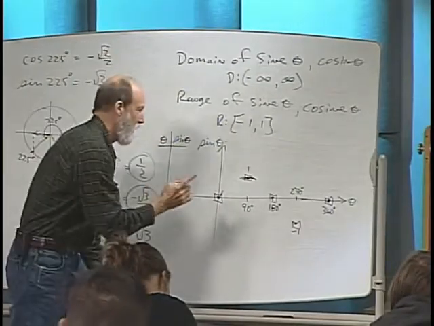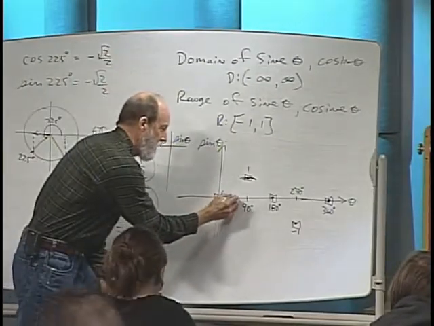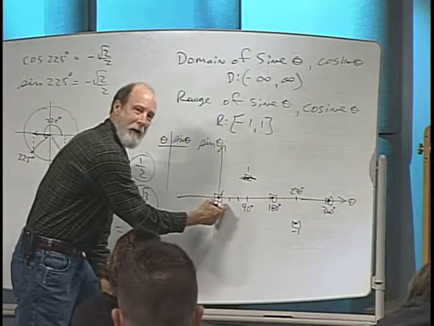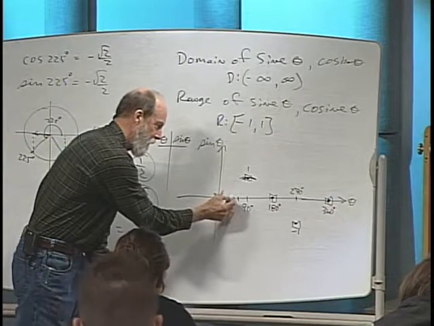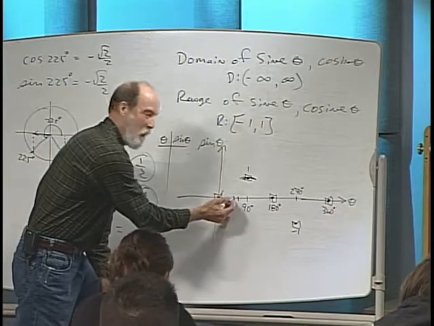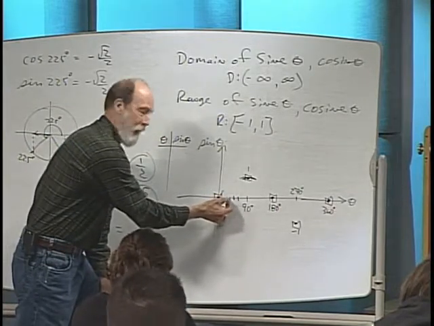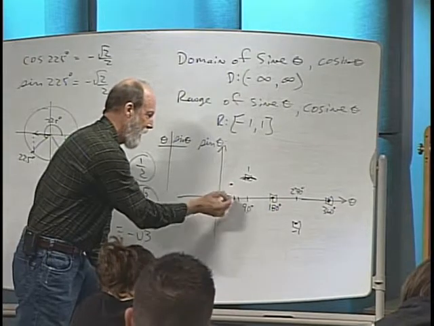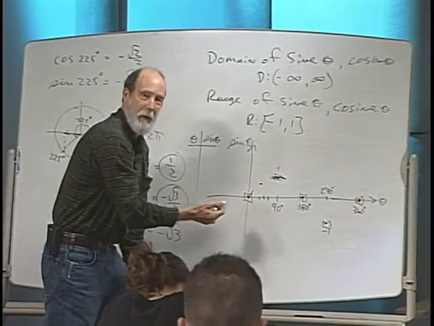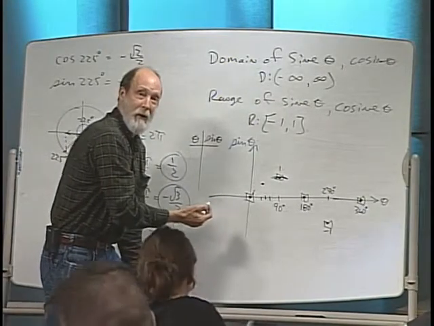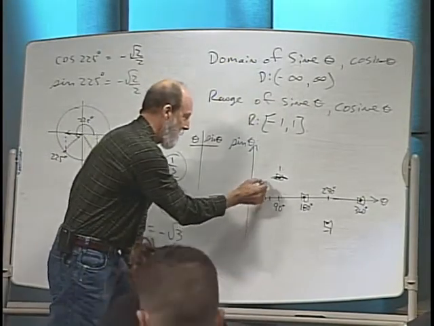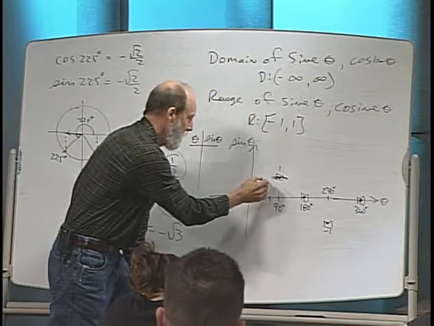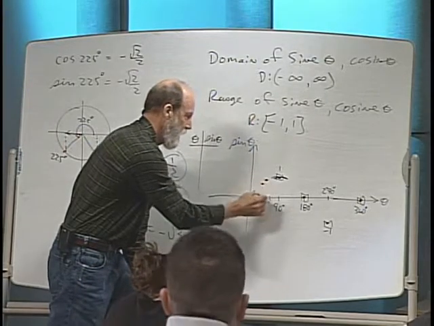And finally, watch this, at 30 degrees, if I split 90 into thirds, and then right in the middle is 45. We know those numbers, don't we? At 30, we're already halfway up to 1. And then at 45, it's square root of 2 over 2, 0.707, 70% of the way up.